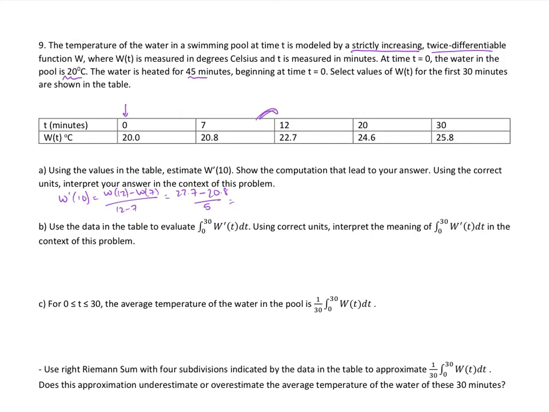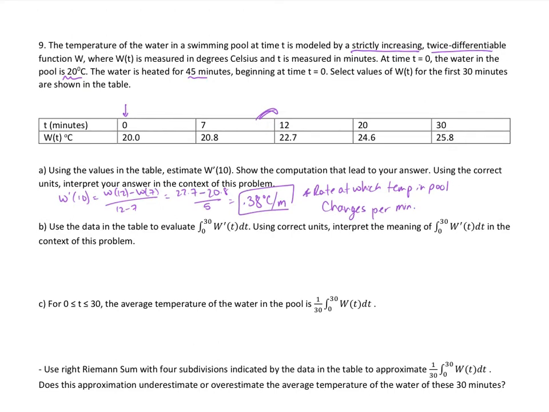So this gives us 0.38 degrees Celsius per minute. And this is the rate at which the temperature in the pool changes per minute. So that is what that comes out to be.